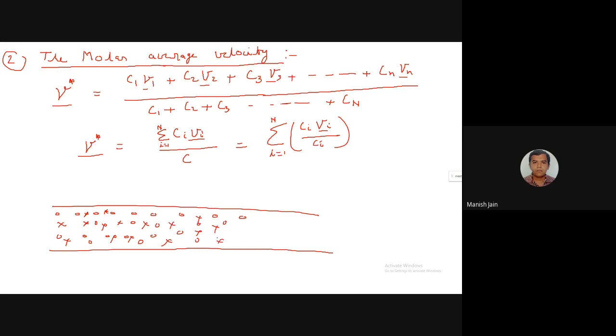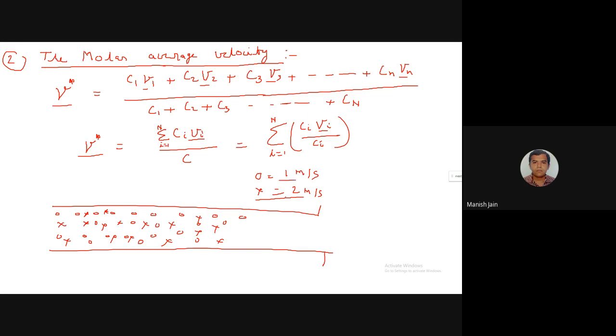Now suppose the velocity of the dot is 1 meter per second, and the velocity of the cross is 2 meters per second. Because the cross is moving with more velocity than the circles, at the end you will get more crosses than circles.